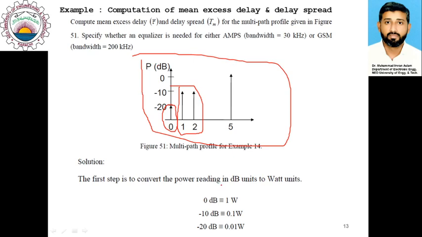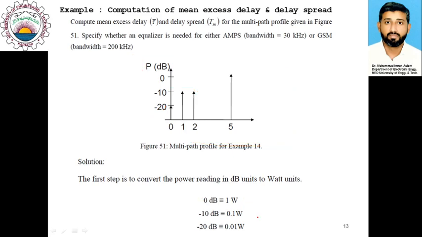In order to calculate the delay spread, because we need to calculate the weighted average, we need to transform these decibel values into fractional values. So 0 dB when converted to watts represents 1 watt. Minus 10 dB would represent 0.1 watt, and minus 20 dB would represent 0.01 watt. So these are the non-decibel values for the received power.